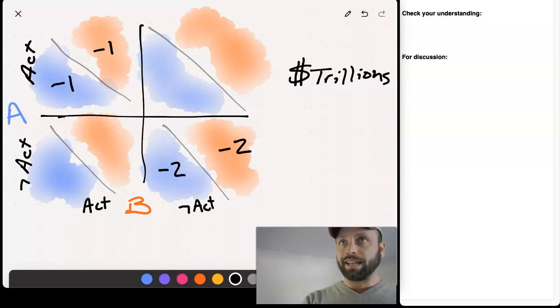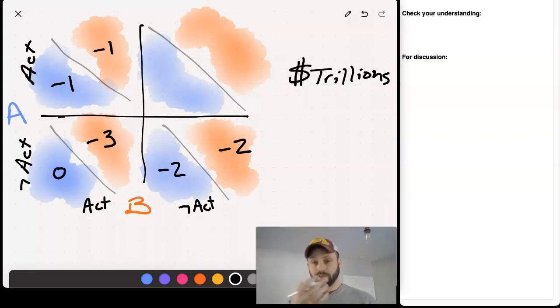But then if A chooses not to act and B chooses to act, B basically takes on all of the climate change investment, and let's say that A basically spends no money and in fact gets to expand their economy in a way that B couldn't, so they basically break even.